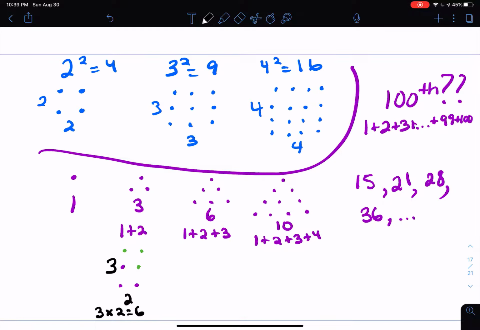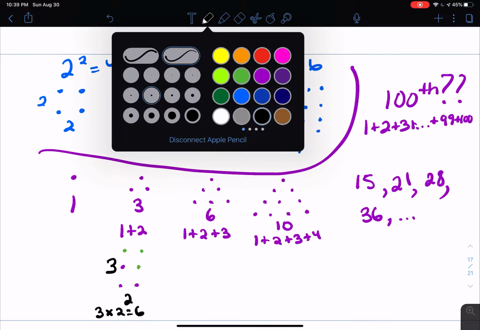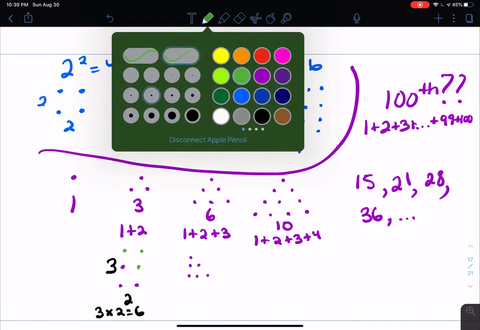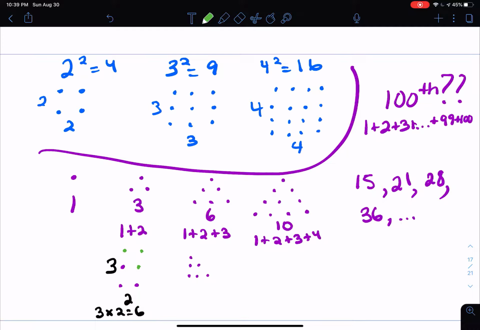What if we do that with the 6 dots, sorry, the third triangular number? So let's turn it on its side. So we have 6 dots that way. But then let's do the same thing, same triangle, just flipped again.